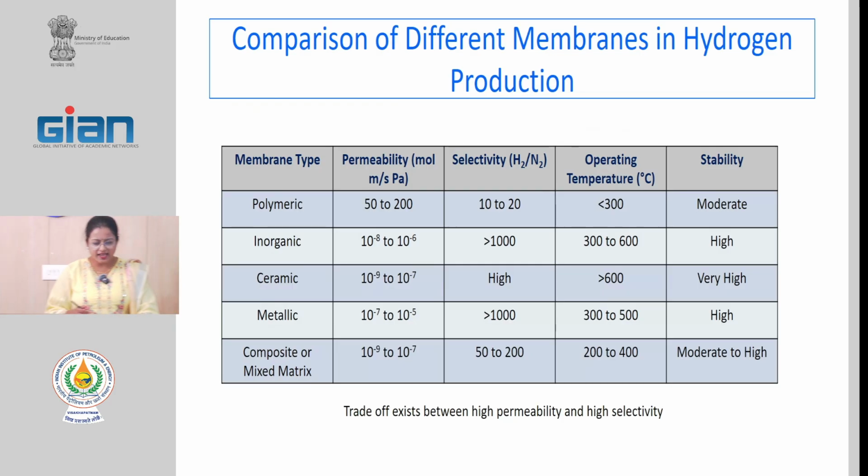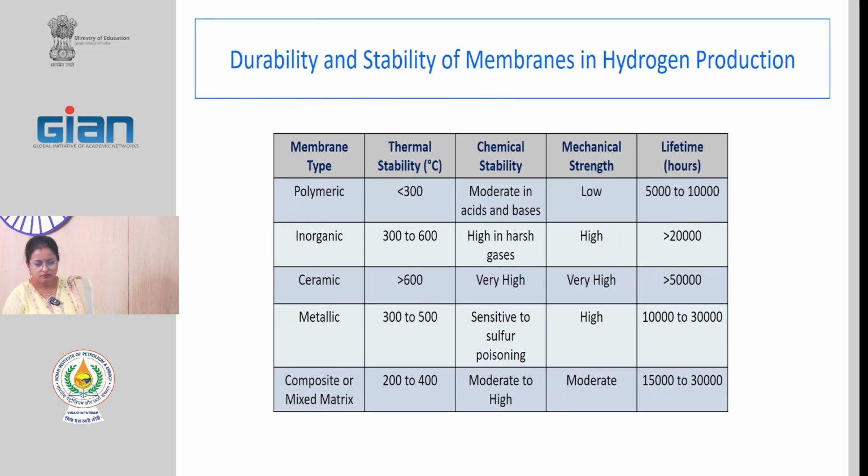As I was telling you, different membranes have different types of properties. If you compare, the polymeric membrane gives very high permeability, but the selectivity is comparatively lower. This is basically a summary of what I have told you about different types of membranes. Operating temperature for polymeric and inorganic is in that range, but the stability is very high for ceramic membranes, high for inorganic and metallic membranes, but moderate for polymeric membranes.